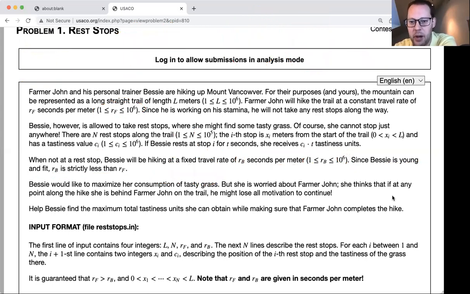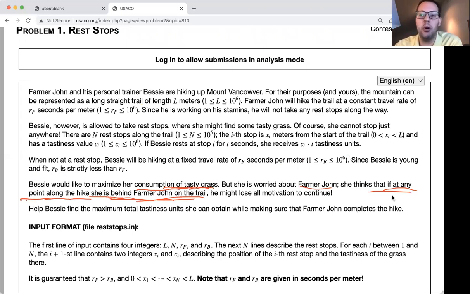Bessie would like to maximize her consumption of tasty grass, but she's worried about Farmer John. She thinks that if at any point along the hike she is behind Farmer John on the trail, which shouldn't happen if you think about it because she's faster, he might lose motivation to continue.